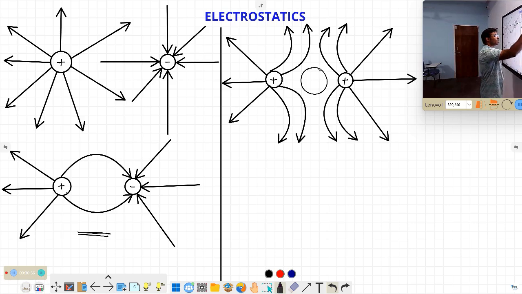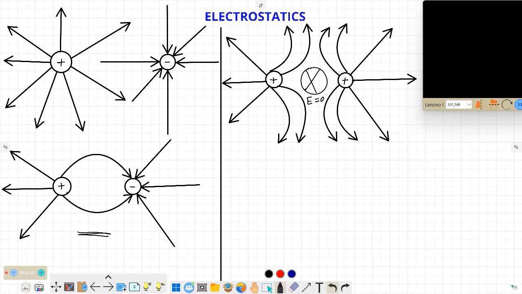This is the region we call the null region, where the electric field intensity is equal to 0. That means there are no electric lines of forces present. That's why that region is called the null point region, or neutral point region, where the electric field intensity is equal to 0. So this is the most important point: identifying the null.